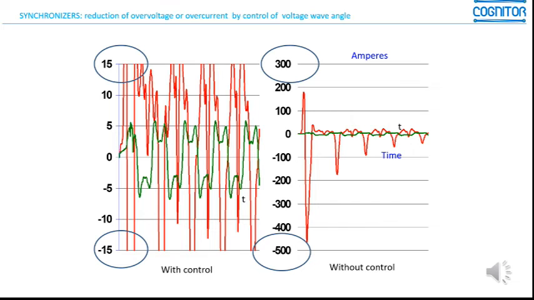In the other case, we are speaking about exactly the same circuit, the same transformer, but the closing angle was different. And in this case, we had a current as high as 500, as you can see. The same circuit, the only difference is the closing angle. Of course, if you can avoid applying these high currents in the circuit, it's much better than applying them all day long along the life of the transformer.